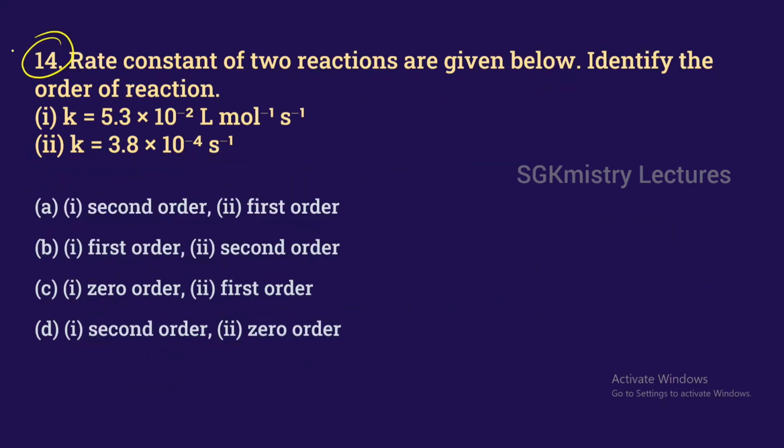Next, question number 14. Rate constants of two reactions are given below. K is equal to 5.3 into 10 to the power of minus 2 liter per mole per second, and K is equal to 3.8 into 10 to the power of minus 4 per second. You need to find out, based on the units, which order reaction we are talking about. How do you calculate the unit for a rate constant?